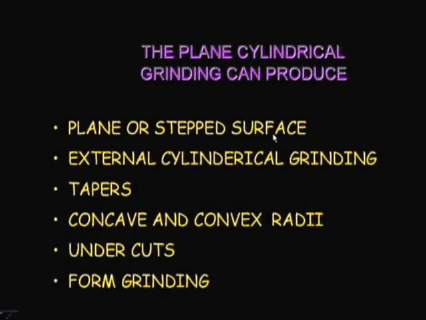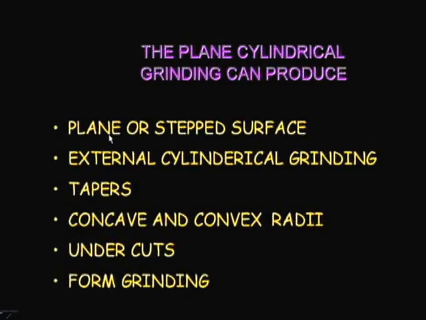Right. Now, as we have seen, in grinding machines there are plain grinding machine as well as universal grinding machine, then centerless. So, in this plain one we have seen the principle and the operation. Now, what type of profiles or what type of grindings can be done on this particular machine? The plane or stepped surface.